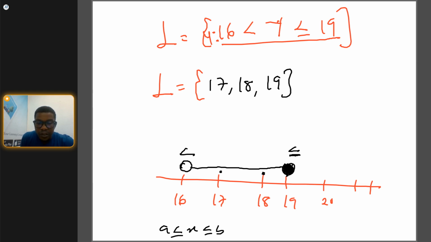Okay? I will not include 16 because it is ordinary less than. It does not have any other sign that says it is equals to 16. So we ignore 16 and we'll move on with 17, 18, then 19, because 19 has less than or equals to 19. Is that taken?